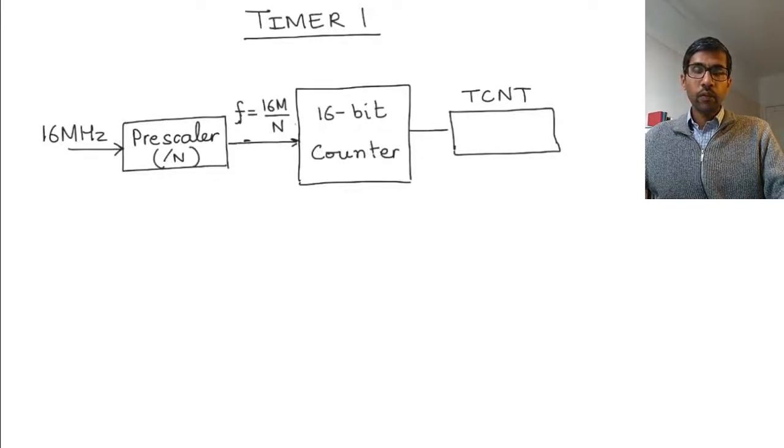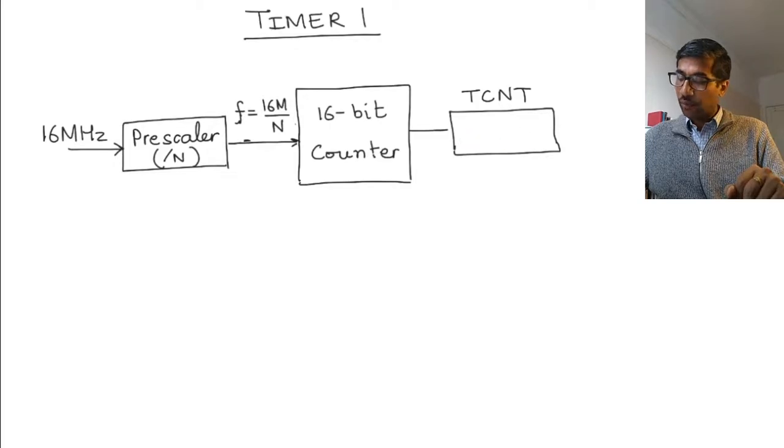In this video, I want to talk about timer 1 specifically. Timer 1 is a 16-bit counter, and at the heart of the timer is this 16-bit counter. The output of the 16-bit counter is always stored in this register called T count, for timer count.